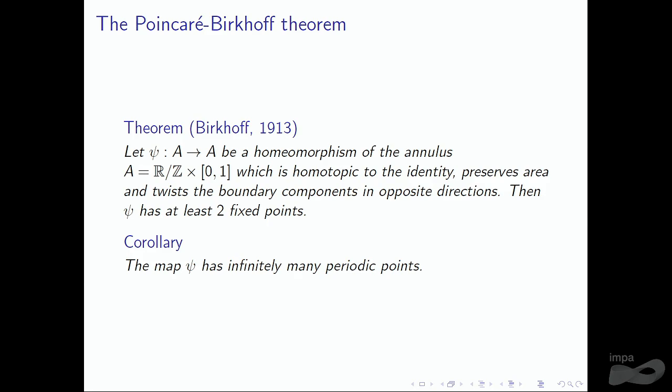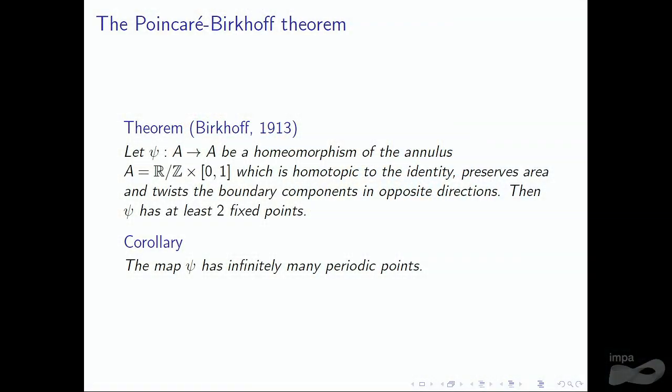So what does it mean, twist the boundary? You have a map of the annulus, okay? So you lift this map to the strip, which is R cross the interval 0, 1, okay? And the twist condition means that if you look at the points in the upper boundary and the lower boundary, they move with different average speed, okay?